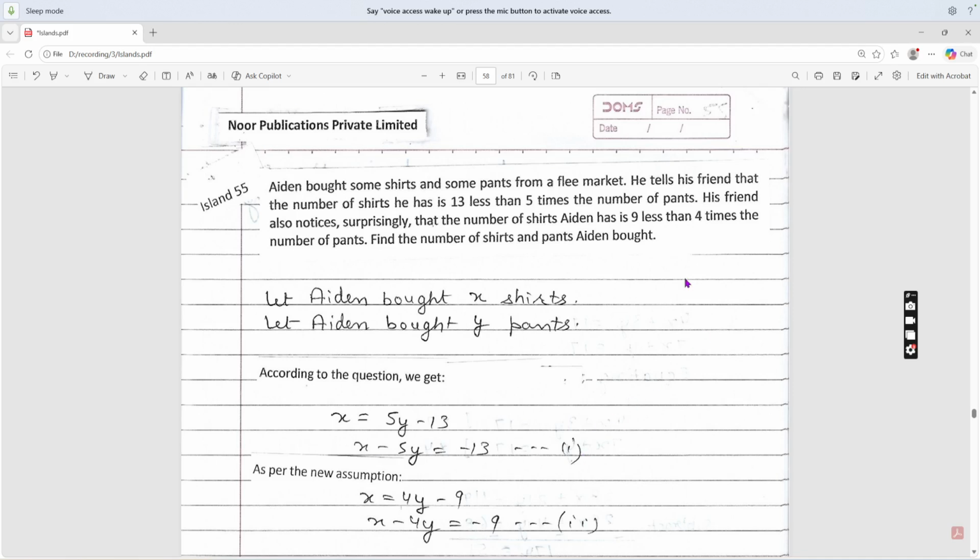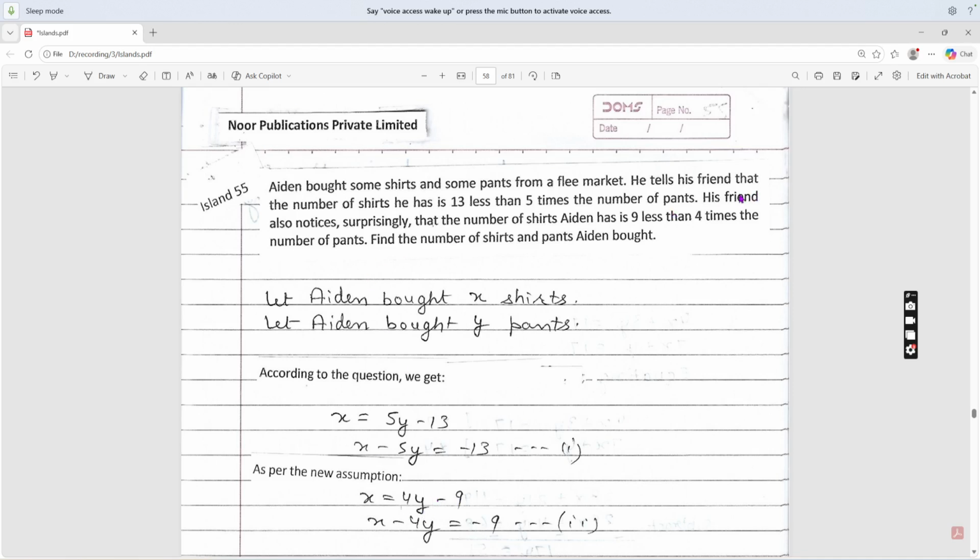Now as per the new assumption, we can say x is equal to 4y minus 9. Again see the question. His friend also notices, surprisingly, that the number of shirts Eden has. Now see again, "has" means equal to, and before "has" is written number of shirts. So number of shirts is x, and it is how much? It is 9 less, minus 9, then 4 times the number of pants. Number of pants is y. What is 4 times the number of pants? That is 4y minus 9.